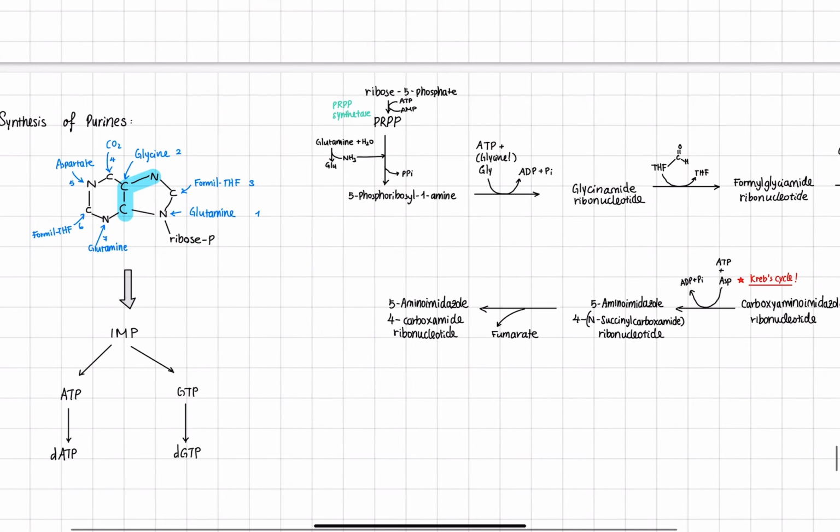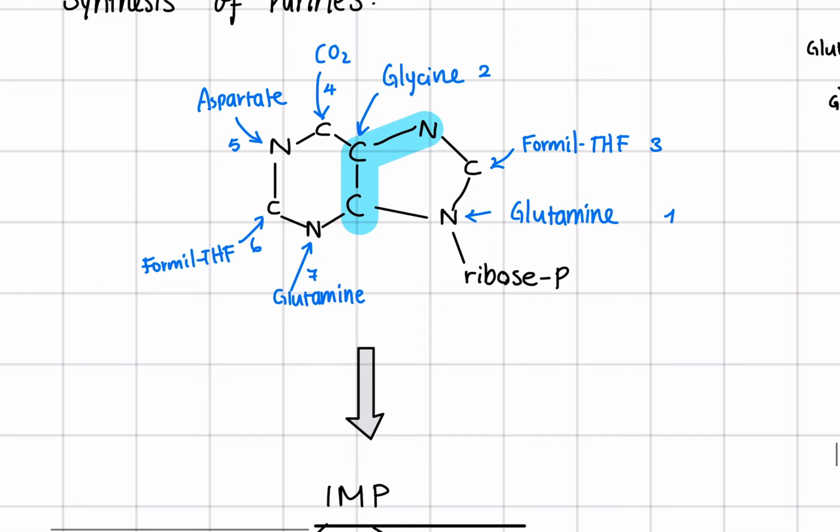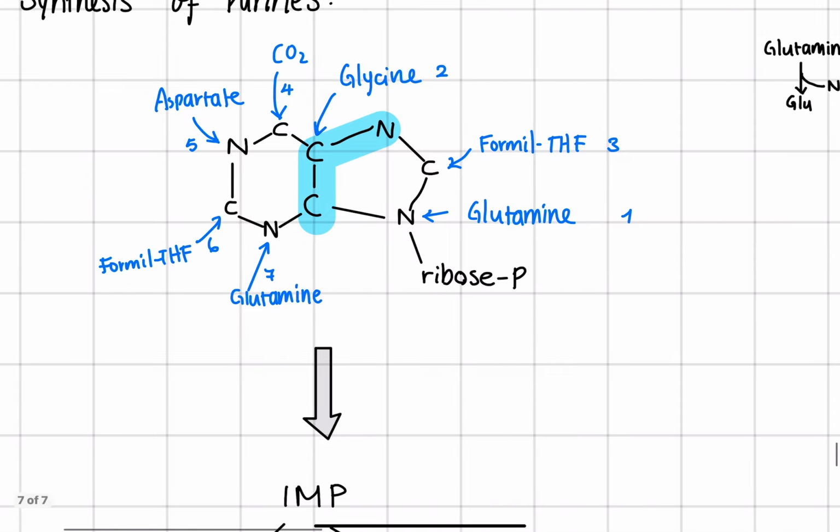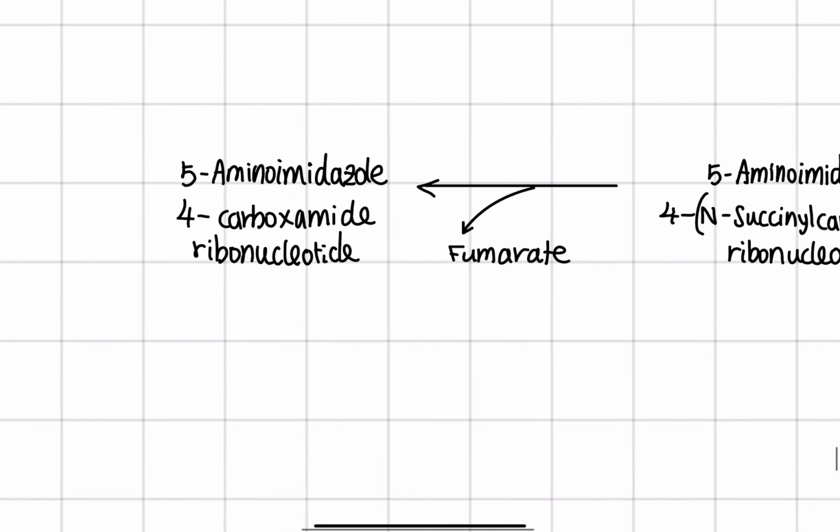And what's next? Now comes 4-amine tetrahydrofolate. So then we add tetrahydrofolate to 4-amine tetrahydrofolate to give us the formyl group.